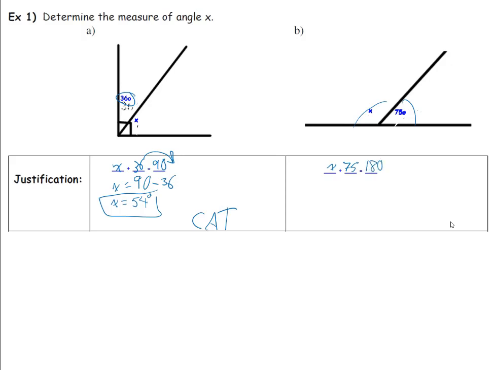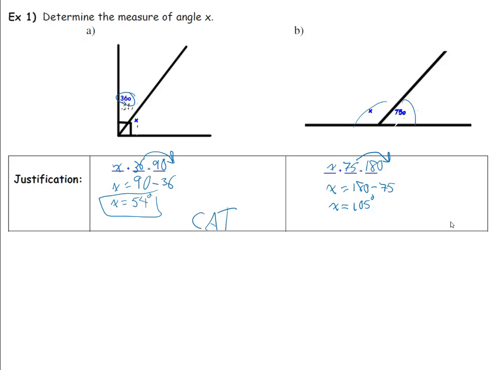So x plus 75 is going to equal 180. If I move the 75 over now, I'll get what x is equal to. X is equal to 180 subtract 75. So x equals 105 degrees.